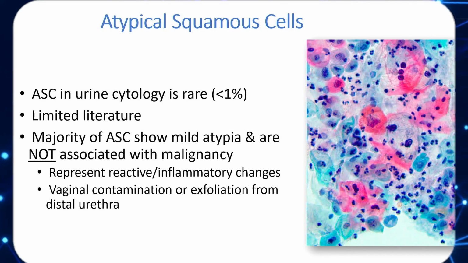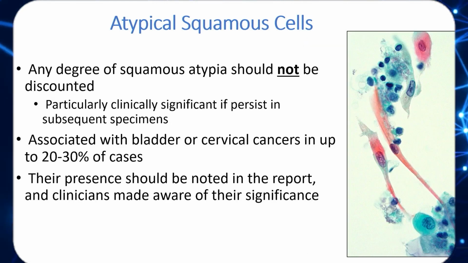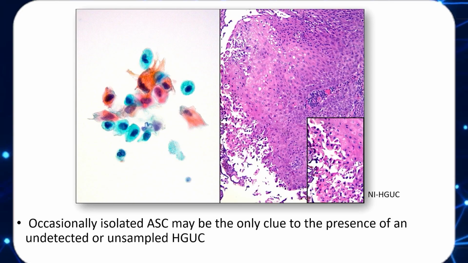Atypical squamous cells certainly are to be noted in your reports. If they are found, even if they are not necessarily representing malignancies, they should be identified, because they can be a harbinger of malignancy which is yet to be discovered. So that is something for a urologist to be aware of, and they can work up the case further.